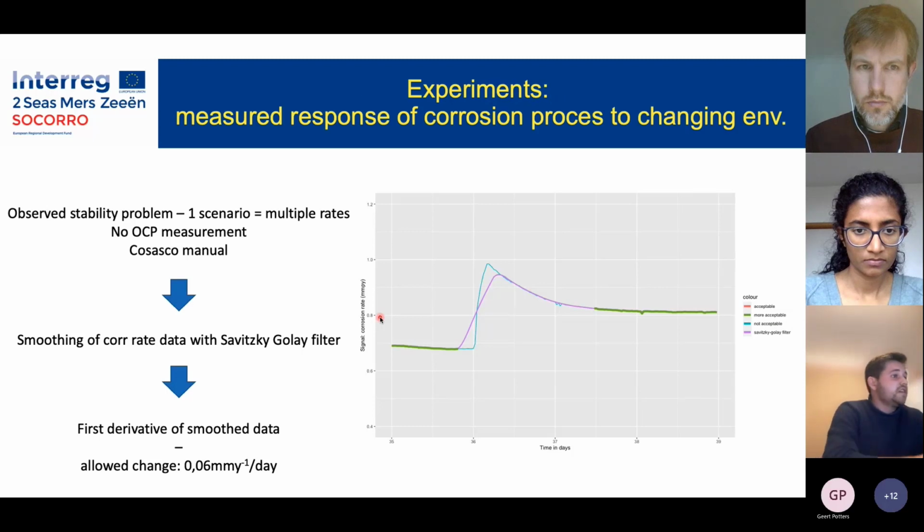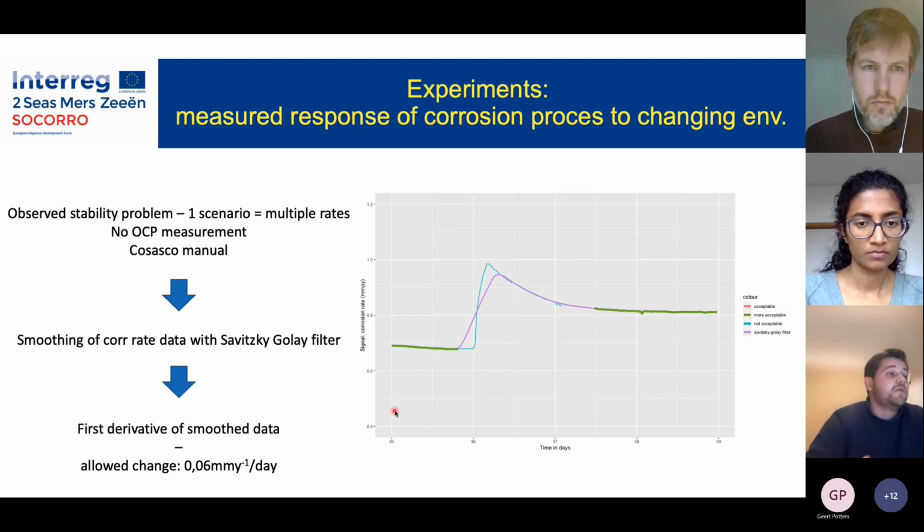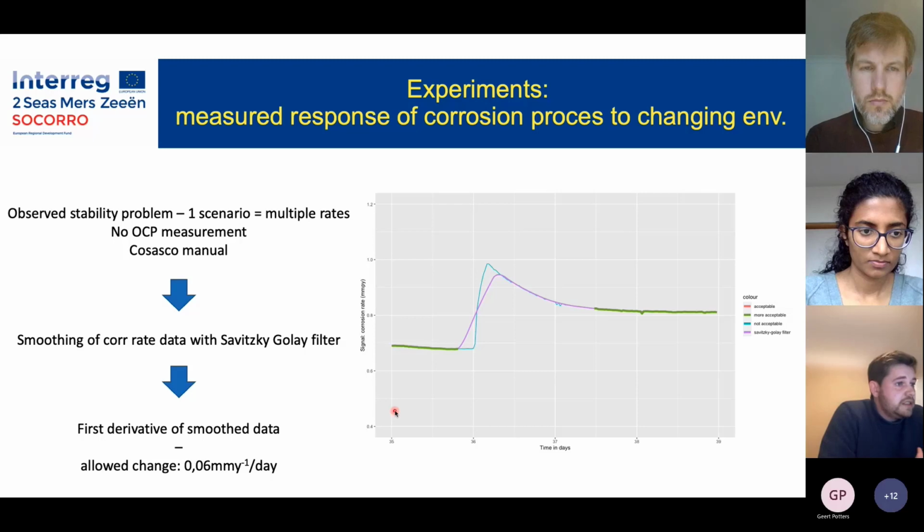So what I've done is try and come up with a solution for this problem, because within one scenario, within one set of given water quality parameters, you would measure different corrosion rates. And this would not be wanted for the AI algorithm.